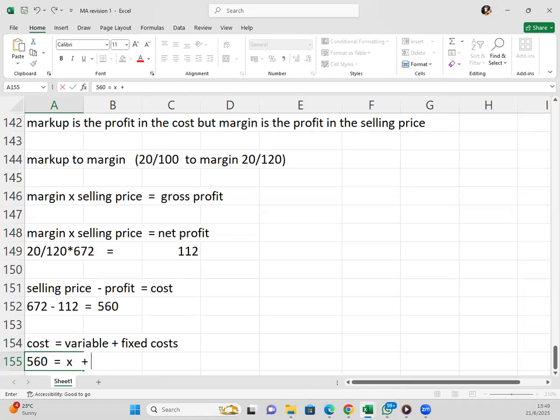How much were the fixed costs, by the way? Is it 320 or 220?